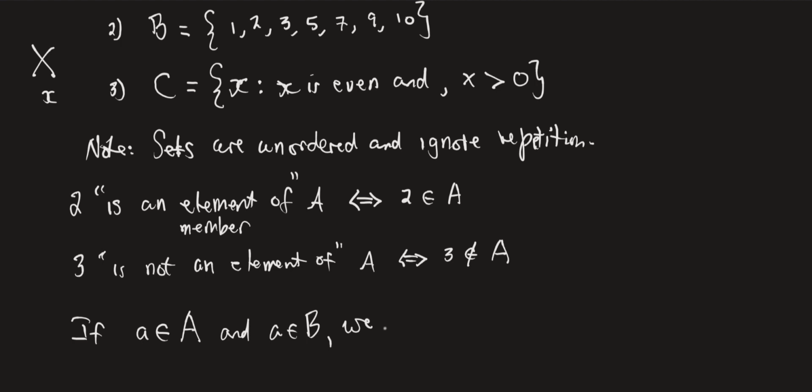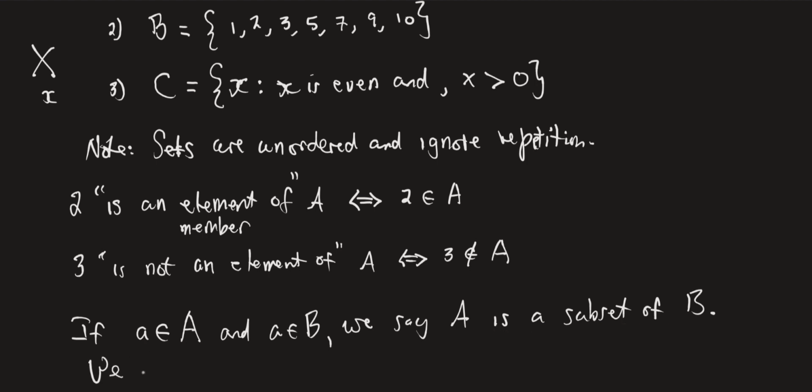So we say big A is a subset of B, right? And just like how there is a symbol to represent is an element of, there is a symbol to represent is a subset of, right?